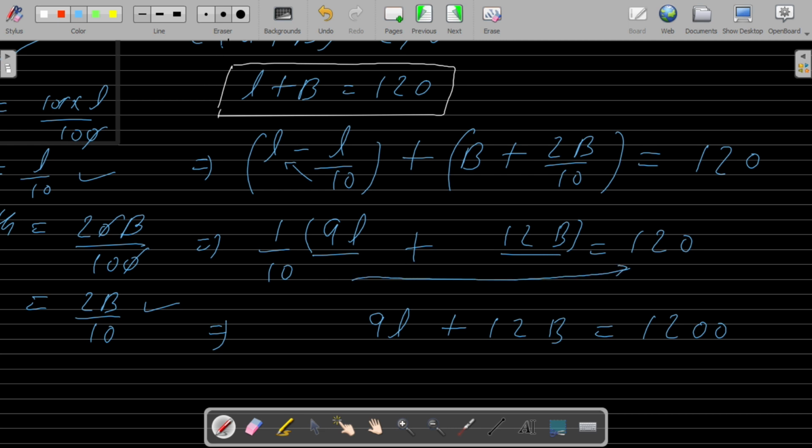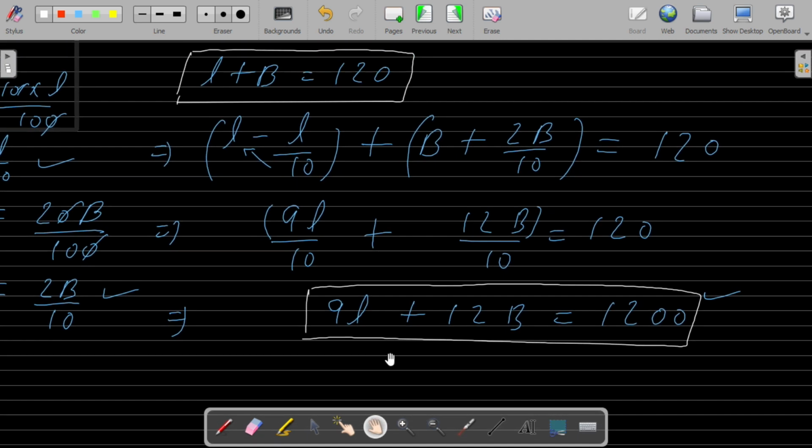Okay, so 120 will become 1200. Alright, so this is equation number 2. Let me highlight this. This is equation number 2.